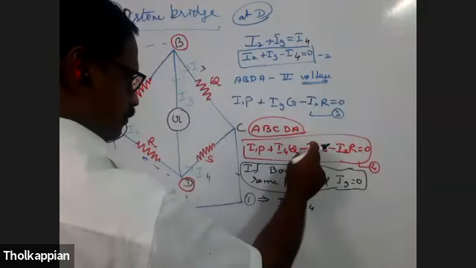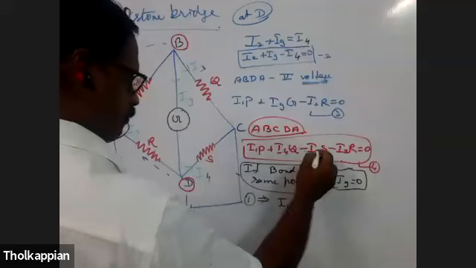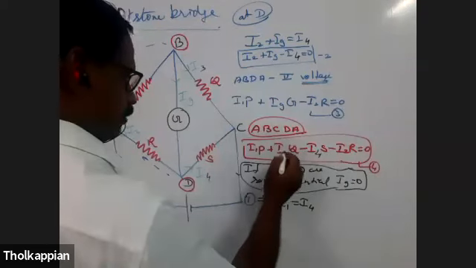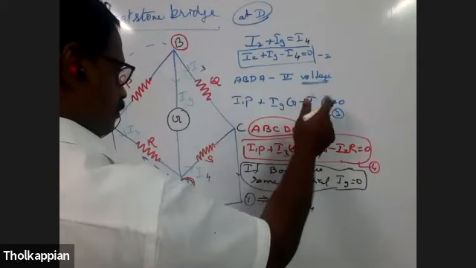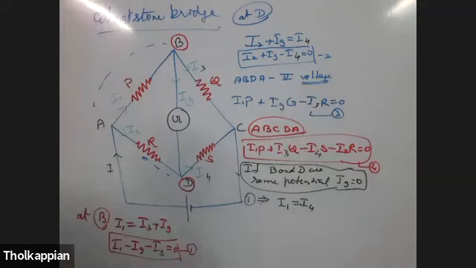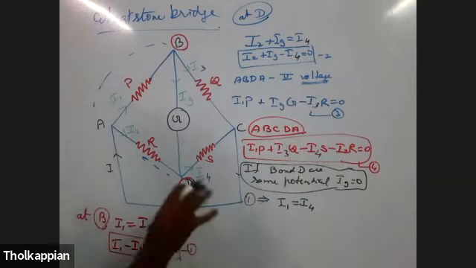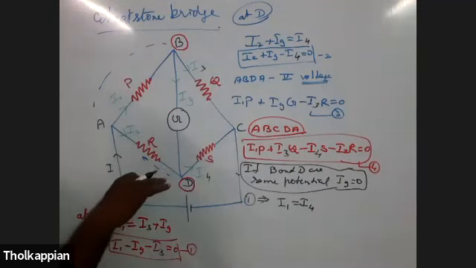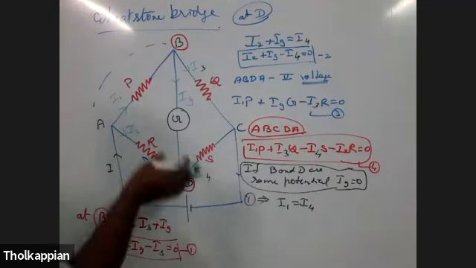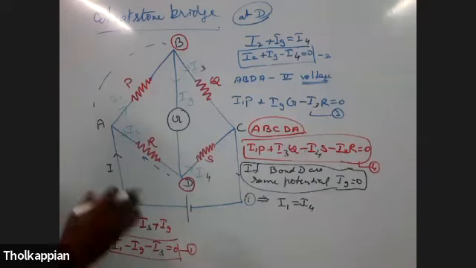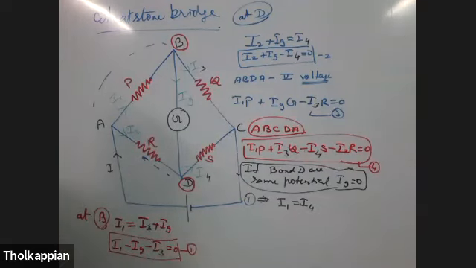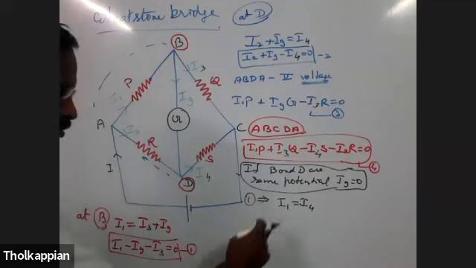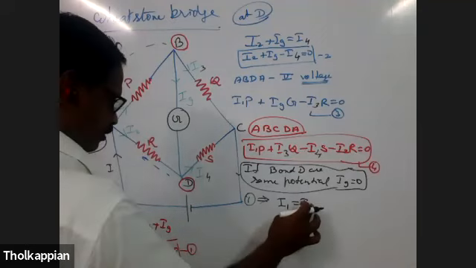Just for our convenience, because this is given in your book. If you are changing also, no problem. But while studying in the book, it will be complicated. So I1 is equal to I3 will come.